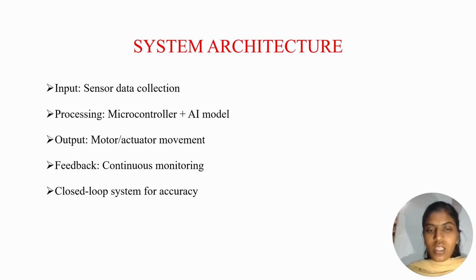Based on these sensors we are collecting the sensor data. Then we process the data using a microcontroller and an AI model, an artificial intelligence model, also using real-time data.